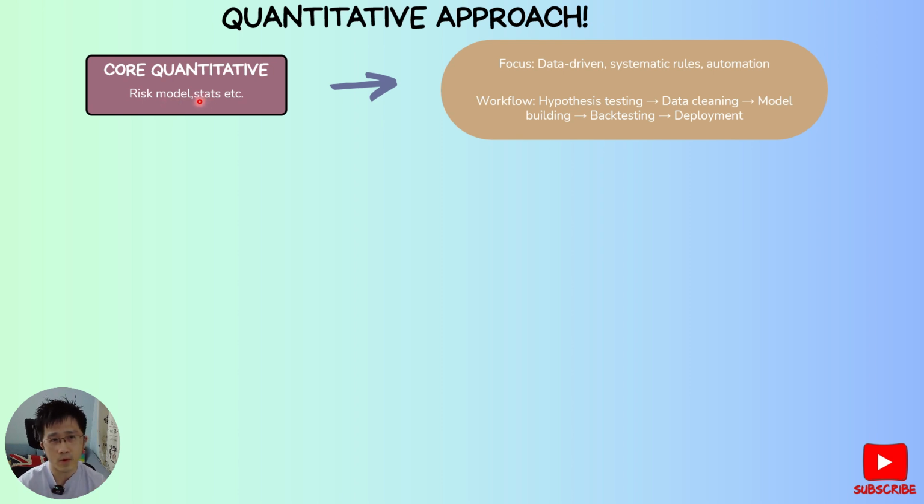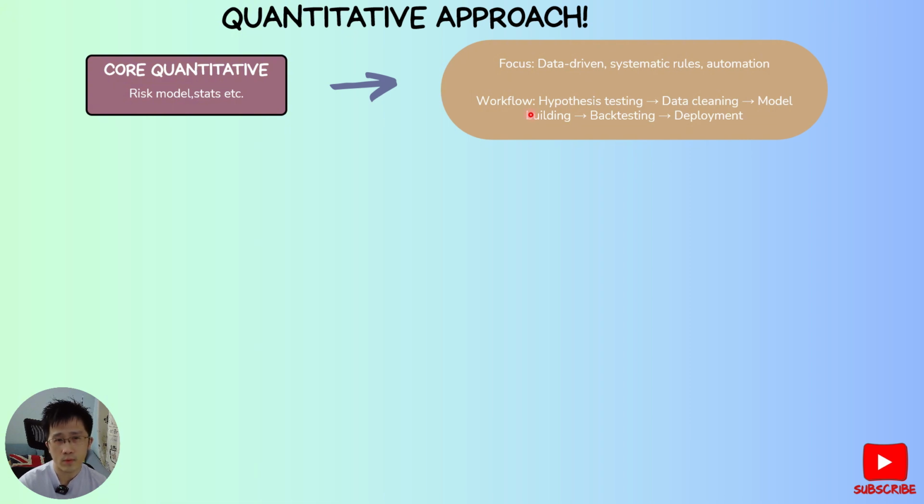A little more in depth: core quantitative approaches depend on the stats and the risk model and stuff like that, which you can say is more academic statistics, but there are some anomalies that have happened often in time, so that they can be analyzed and capitalized on. They are very focused on the data, and systematic, with systematic rules, and it's basically automated.